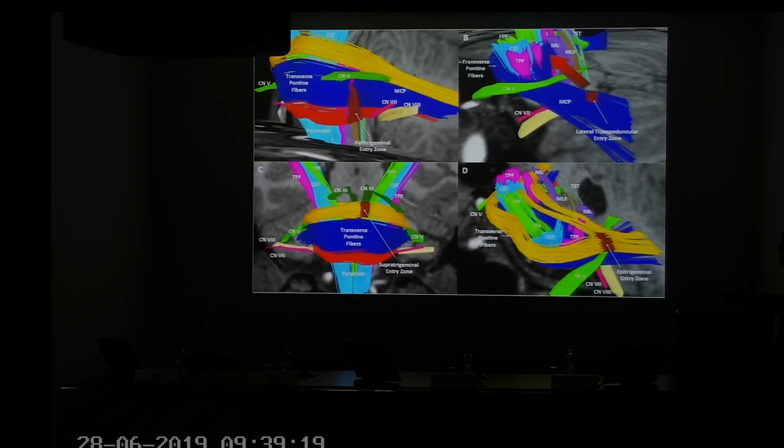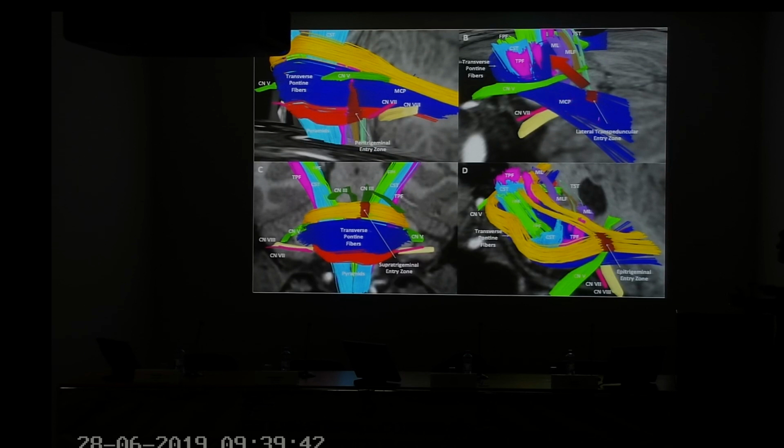You see? Of course. Here in the frontal view, the supratrigeminal area below the 3rd nerve. Here, the epitrigeminal entry zone in the upper part of the apparent origin of the 5 nerve, and the lateral transpeduncular entry zone here, inside the middle cerebellar peduncle.